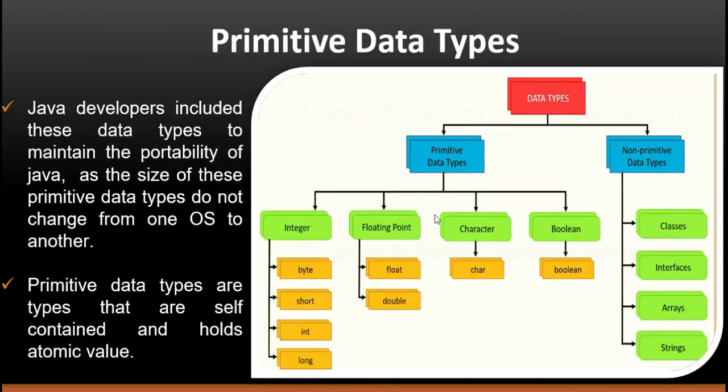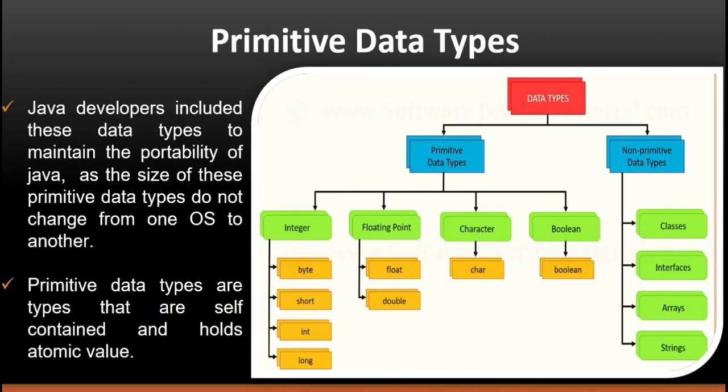Here are the primitive data types: integer, floating point, character and boolean. These data types by default come with the programming language. Non-primitive data types like classes, interfaces, arrays and string are defined by the programmer or by the developer.